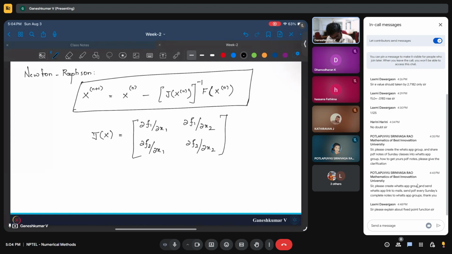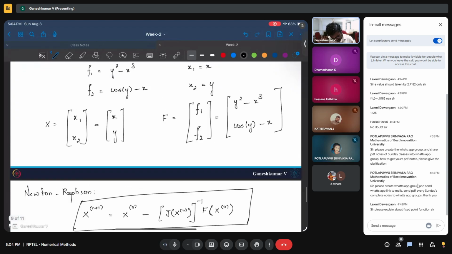Basically, f will remain constant along the row and x will remain constant along the column, or in other words, dou fi by dou xj, where i is the row and j is the column. So this is how you write the Jacobian matrix.